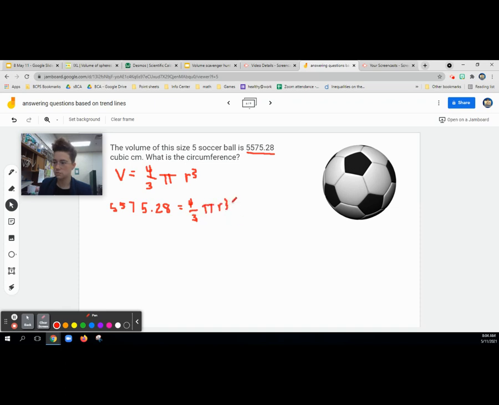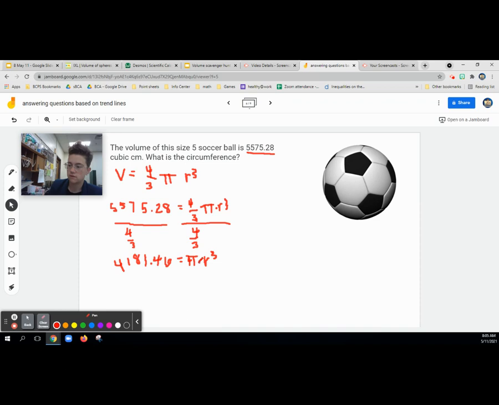So these are all being multiplied, so we can divide both sides by 4/3. Gorgeous. And remember, we're using that Desmos Scientific Calculator to do our calculations. So that gets us 4,181.46 equals pi times r cubed.